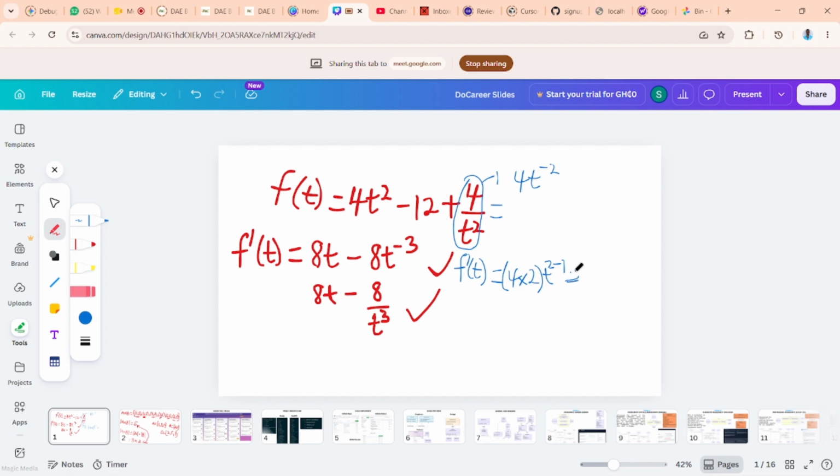In that manner, that will be plus 4 times negative 2 from the top, t to the power negative 2 minus 1. So we have 8t minus, because 4 times negative 2 will be negative 8, t to the power negative 3. When the index is negative, it means that the variable should be reciprocated. So minus 8 over t to the power 3, which are all valid.